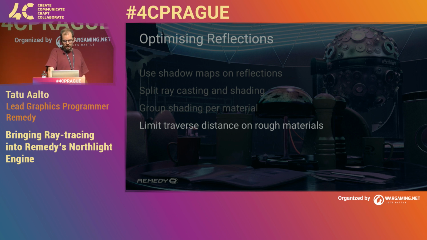The rougher the surface, the shorter the rays are that we are shooting. And this works quite nicely because it cuts performance cost from shooting the rays, it makes shading more local, and it also provides better data which has less variance, so it's easier to filter out. Of course, it's not ground truth anymore, so there's that.